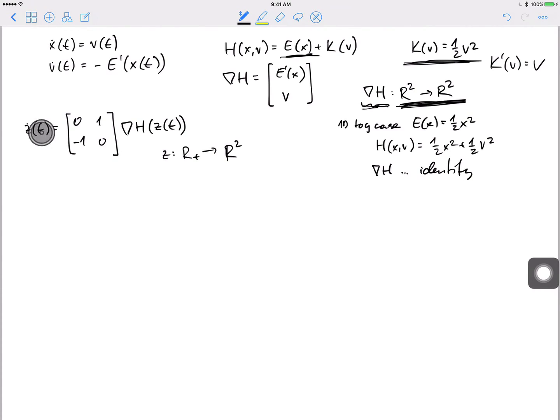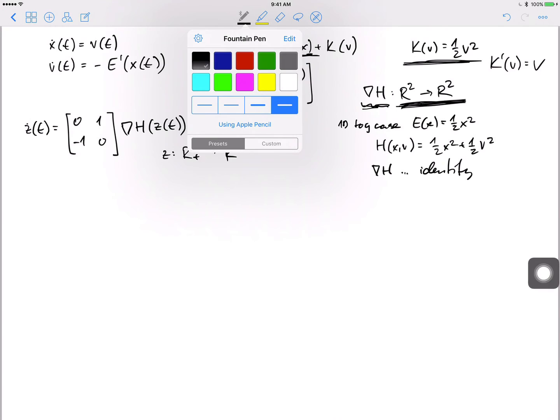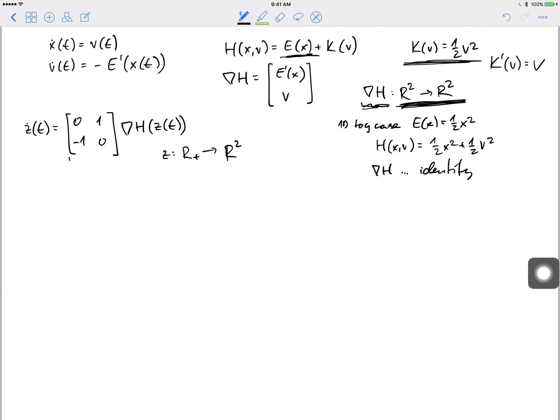So doing a syntax check, it all checks out, okay? And this is the Hamiltonian formulation. This matrix is sometimes denoted as J, so I can write it simply like this, z of t. And those are Hamilton's equations.